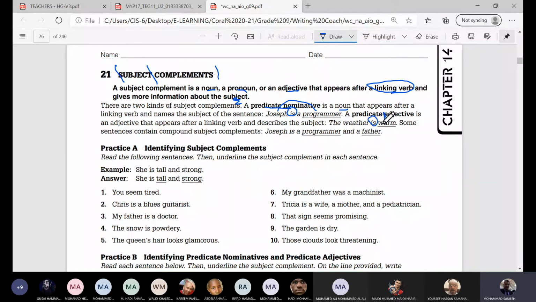Warm is an adjective describing weather. So it's a predicate adjective. Some sentences contain a compound subject complement. Yeah, no problem. Programmer and father. When we have and, we have more than one predicate nominative or more than one predicate adjective, no problem, because both of them describe one simple subject, which is Joseph.